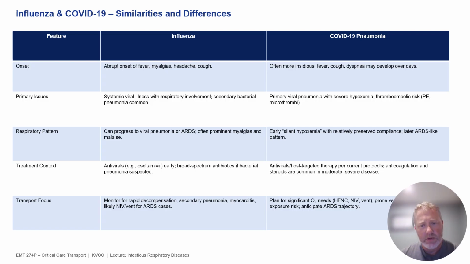So both influenza and COVID-19 can cause a very serious, severe ARDS pattern respiratory failure, so a restrictive type of respiratory failure. But COVID-19 in its severe form, and I know we're not seeing as much of that obviously as we did when it was rampant, but there are still cases in the hospitals.